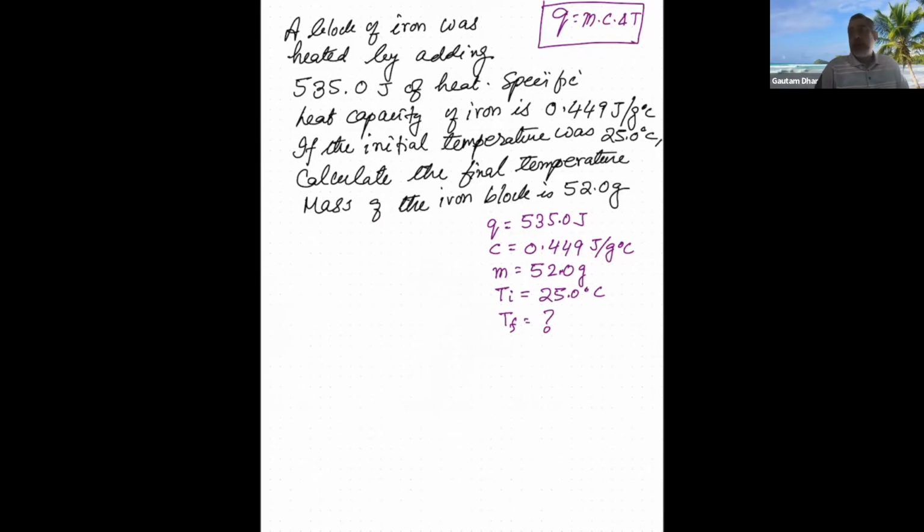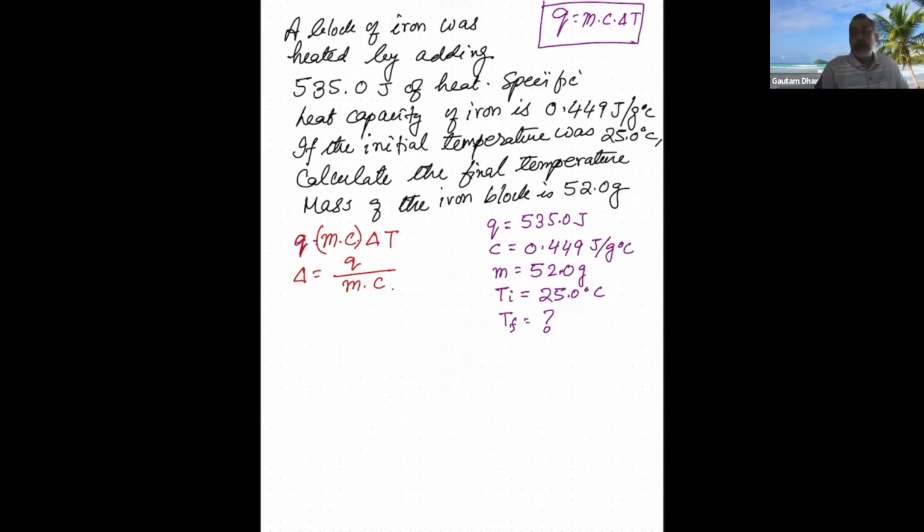Now, in order to find Tf, I need the delta T. That's the easiest way of doing it, right? So I can isolate delta T, figure out delta T, and once I get delta T, I figure out Tf. Go step by step. So I'm going to use Q equal to MC delta T. So delta T is equal to Q divided by MC.